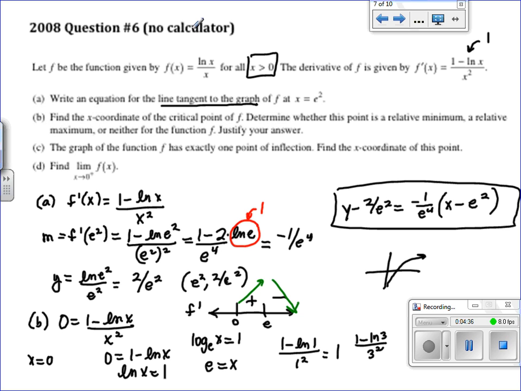Now, when the AP readers read this, they do not look at this chart at all, so you need to write out the explanation of why that's a relative max. So let's say f prime is positive from 0 to e and negative on e to infinity.